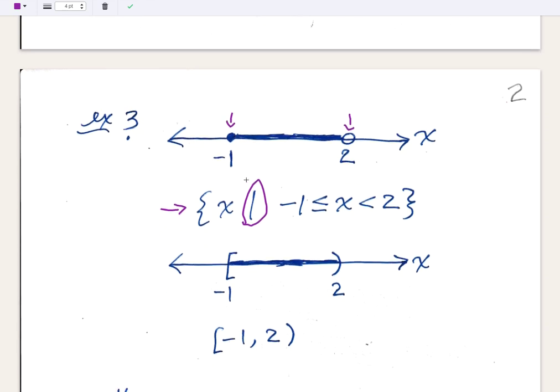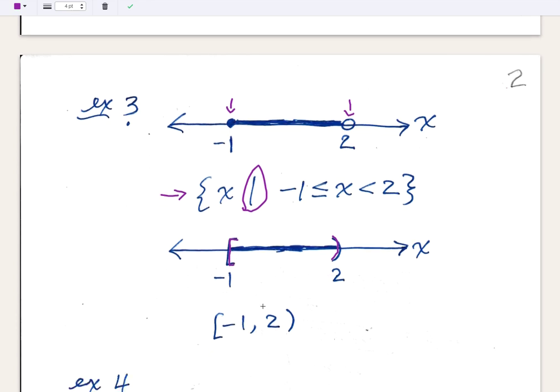Now here's another notation instead of solid dots and open dots like we were doing before. Remember, where you have an open dot, you're going to be using parentheses. So I've got a right parenthesis here. But on the left-hand side, where I'm actually including the -1, I use square brackets rather than parentheses. That indicates that I'm actually including the point upon which it falls.